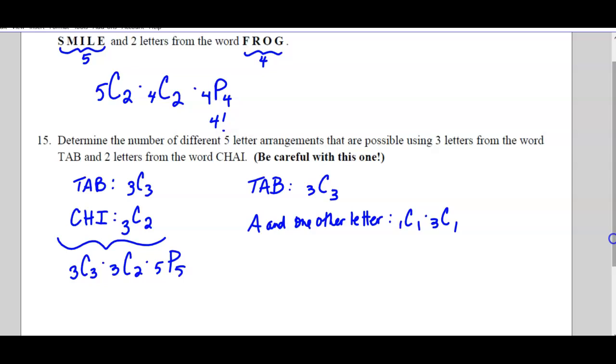But remember with repeats, we need to divide by the repeats. If we have 2 A's, we have to divide by 2 factorial. And if we don't know which involve both A's, we're dividing when we shouldn't be, or not dividing when we should be. So this will guarantee that we have tab, A, and one other letter. And then we arrange those. So this will be 3C3, 1C1, 3C1, 5 factorial.